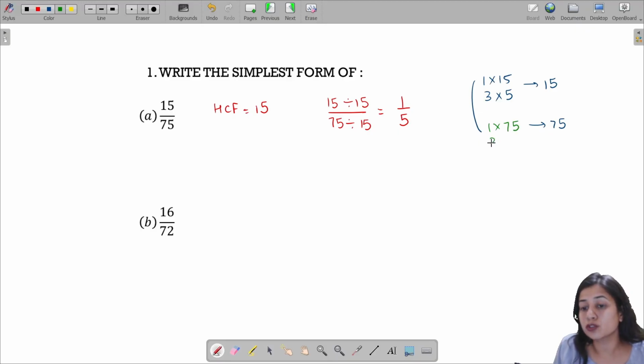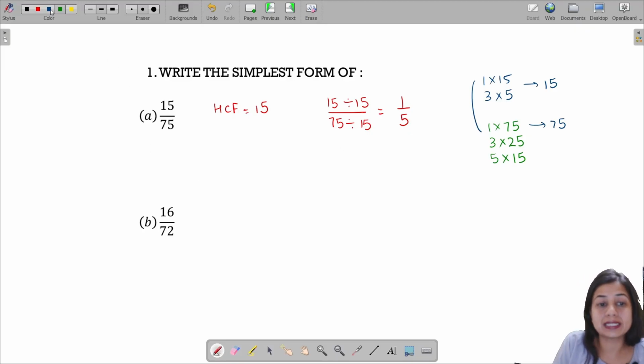So then it was 3 into 25. Then we have 5 into 15, right? So these were the factors of 75 and among them the highest is 15. So we are dividing both numerator and denominator with 15, giving us 1 over 5.